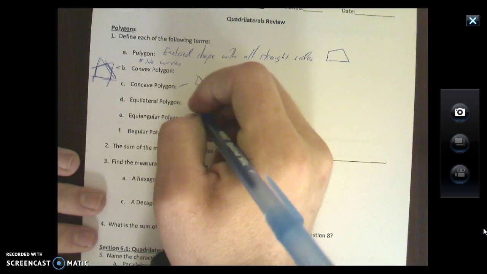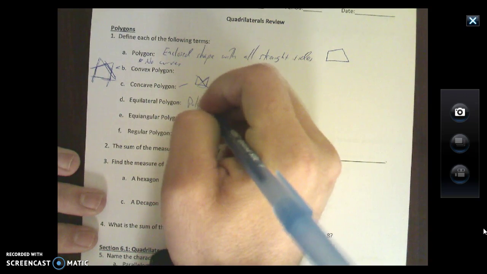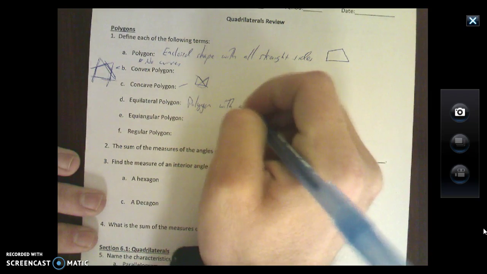Equilateral is a polygon with all sides the same.